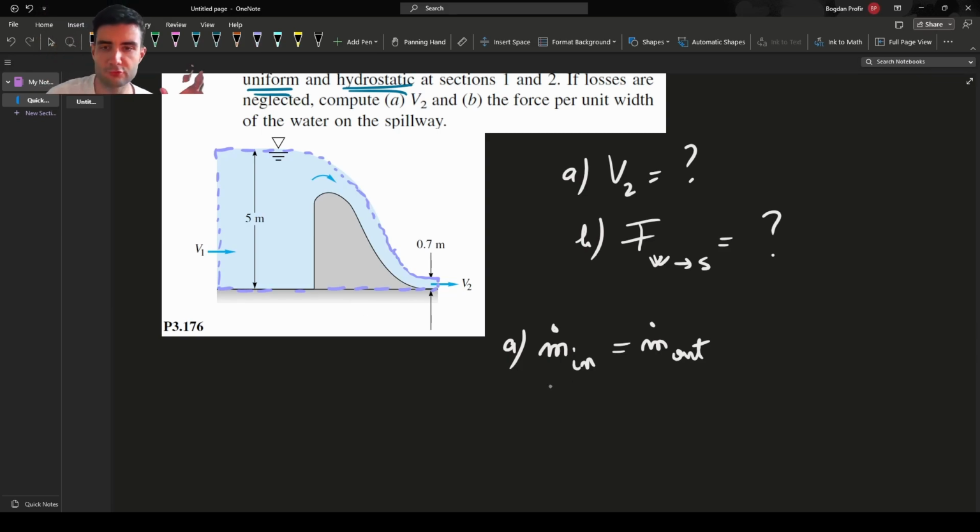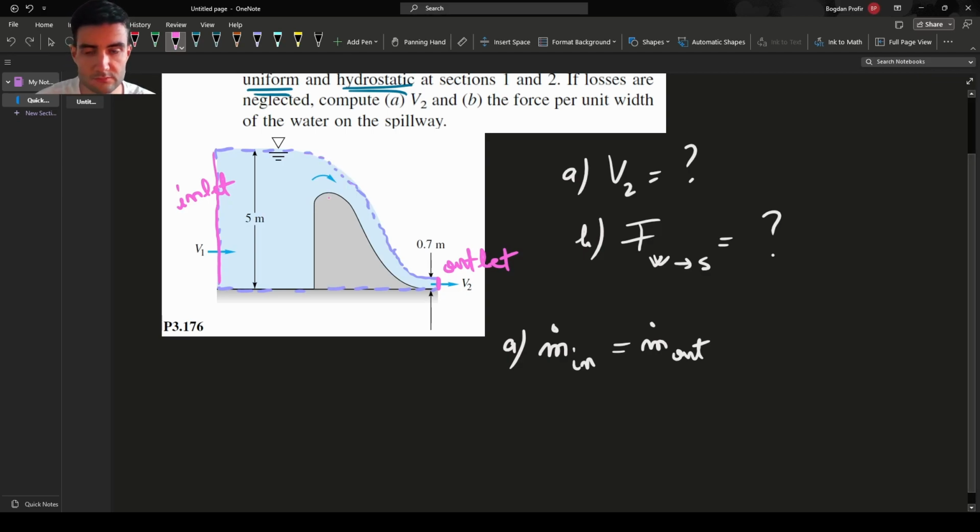So you essentially have one inlet and one outlet, right? This whole vertical surface is the inlet, and this is the outlet. There's no water that leaves the surface through here because the surface of the control volume in this area is tangent to the velocity of the water.